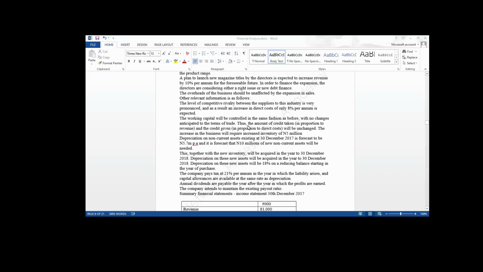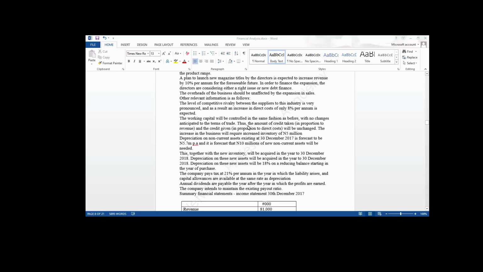Credit given is your trade payables. Credit taken is your trade receivables. Please note that. The increase in the business will require an increase in inventory of 5 million.